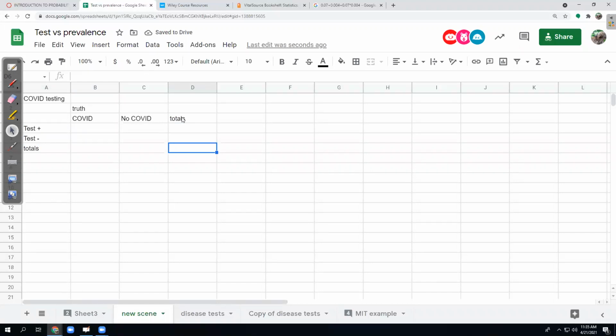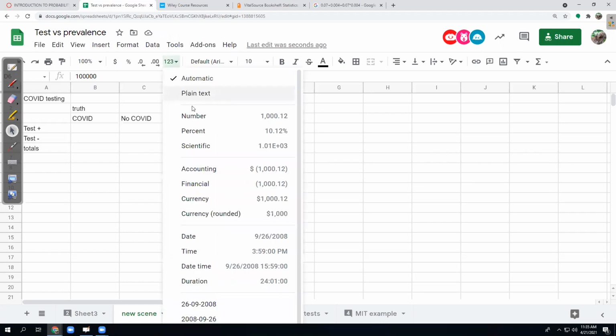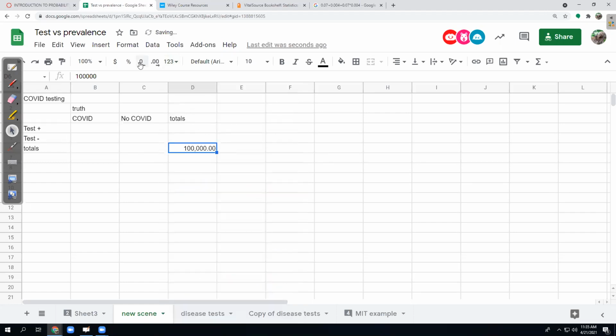And if we don't want to end up with decimal numbers of people, then we have to pick a pretty big starting number. So just to be safe here, I'm going to start with 100,000 people. And I usually like to put commas on those. I'm just going to reformat that as a number and then get rid of the decimals. So starting with 100,000 people.